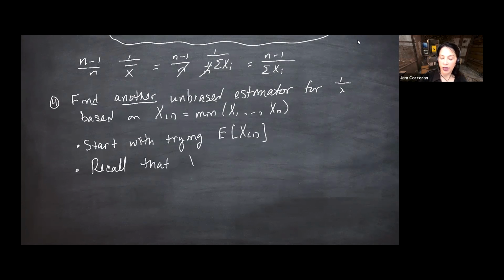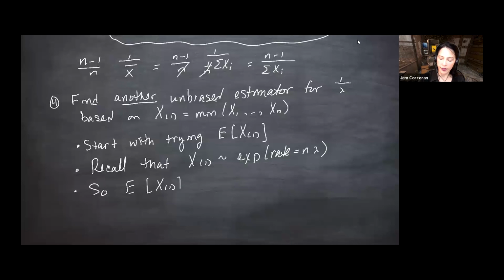We did this and we got that the distribution of the minimum is exponential with rate n lambda. So the expected value of the minimum is 1 over n lambda, because that's how exponential means relate to the rates.